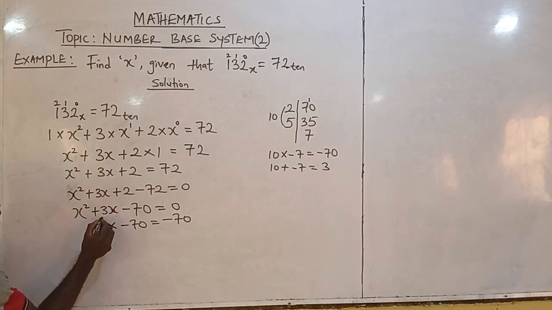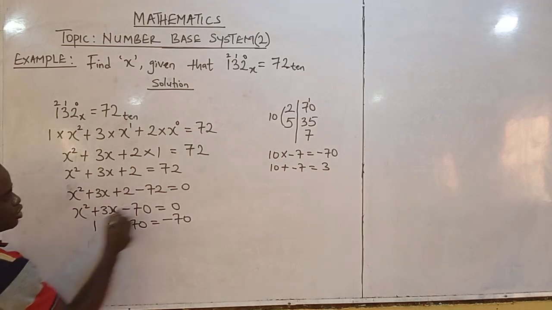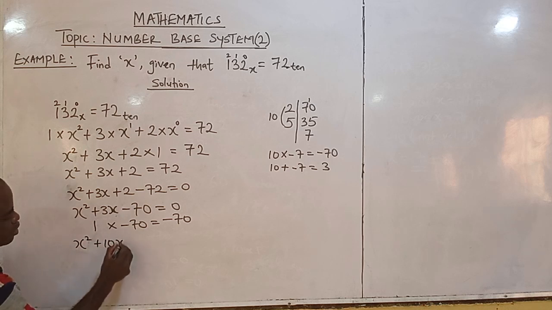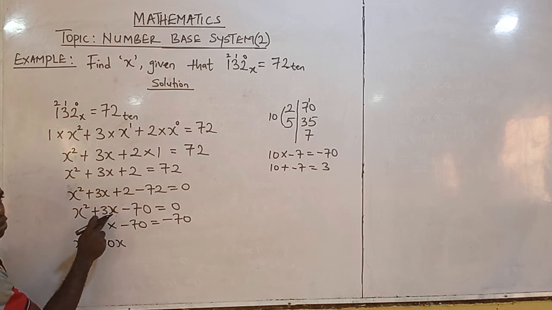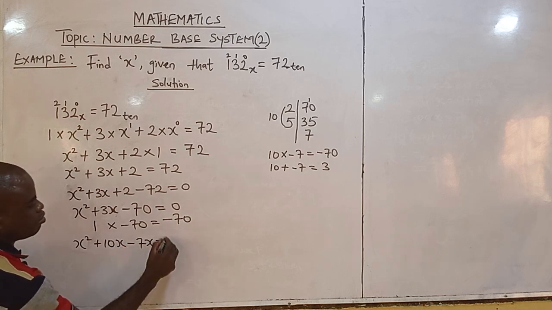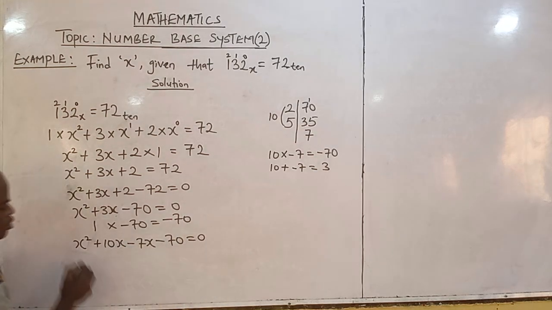Now come back and replace 3 with 10 and minus 7. x squared plus 10x, introduce your x because this 3 is having x, minus 7x minus 70 equals to 0.